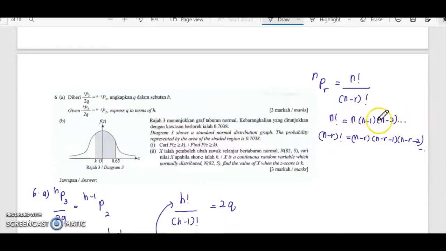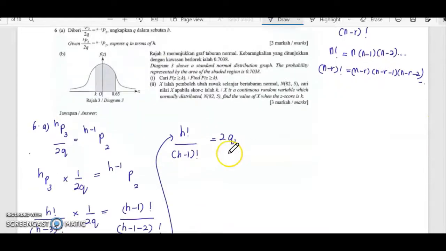Kalau ada factorial macam ni, so kita boleh tukar dia (h minus 1) factorial. Kalau tak letak factorial, dia akan sambung pula h minus 2, h minus 3 and so on. So this one, kita dah ada h factorial juga kat atas, (h minus 1) factorial kat bawah. So kita boleh potong. So apa yang tinggal? h equal to 2Q.